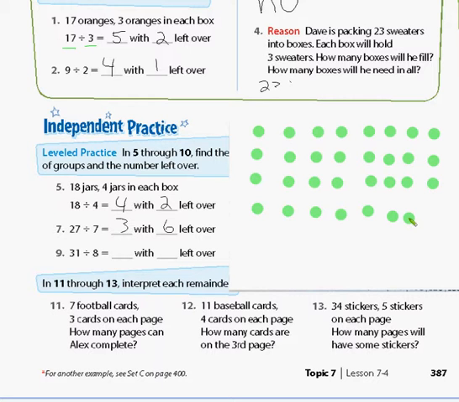Okay, similar to the other problem. Almost had another group there, but not quite. So that has 1, 2, 3, 4, 5, 6, 7 in it.